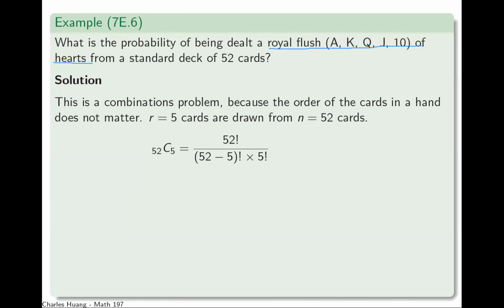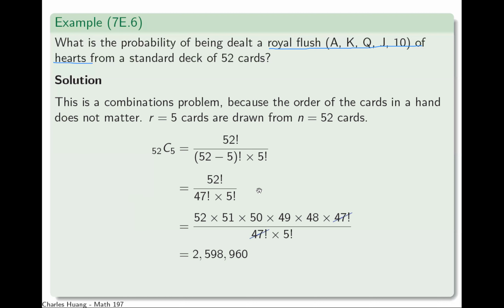It's like picking 5 different ice cream flavors. We don't care which one comes first. So we're doing 52 factorial divided by 47 factorial and 5 factorial in the denominator. So we'll end up with 52 times 51 times 50 times 49 times 48 divided by 5 times 4 times 3 times 2 times 1, all in the denominator.